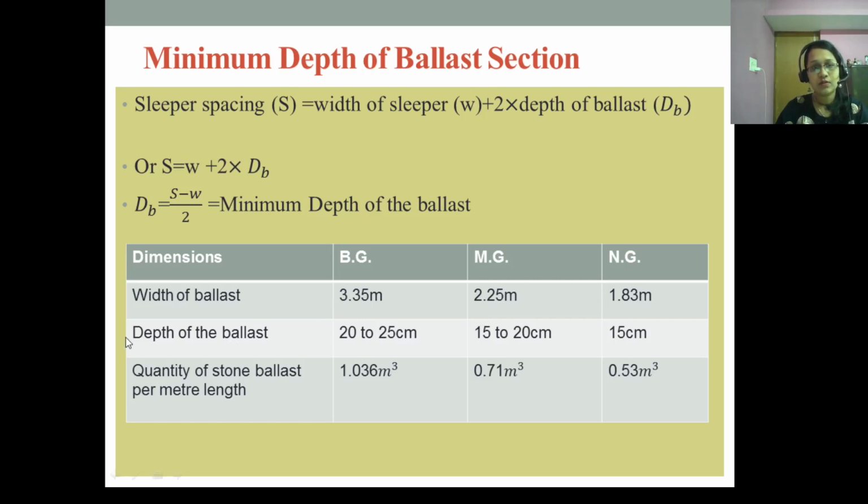Coming to the depth of the ballast, for a BG it is in the range of 20 to 25 centimeters, for an MG it is 15 to 20 centimeters, and for an NG it is 15 centimeters. Then the quantity of stone ballast per meter length is 1.036 cubic meters for a BG, whereas for an MG it is 0.71 cubic meters, and for an NG it is 0.53 cubic meters.